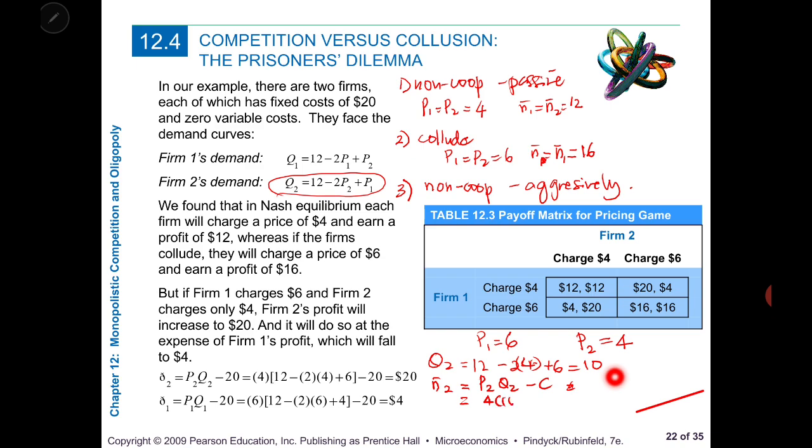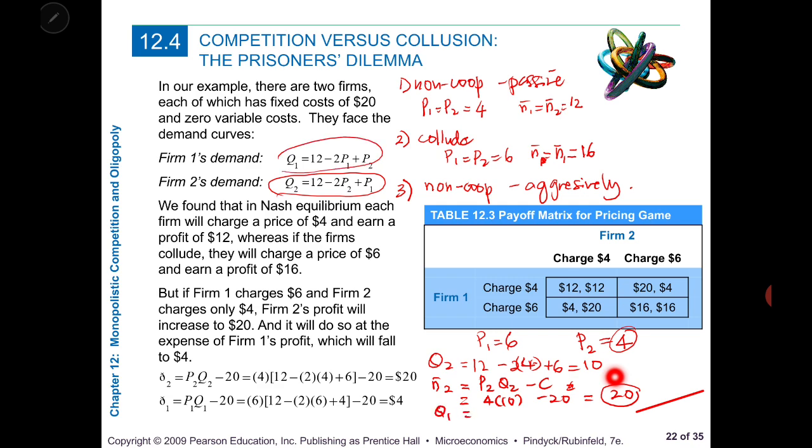So 4 times 10 minus 20, and that is $20. So you see, firm 2, which was aggressively competing through price, cut price to 4, but they will earn a much larger profit at 20. And let's see what happens to Q1 of firm 1.